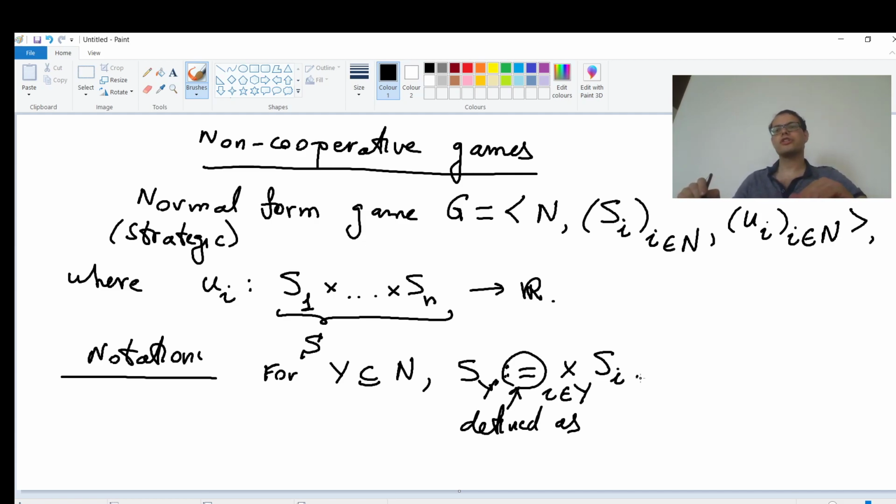Another important notation is going to be the product of all the strategies beside the given player. Because we are often going to look at what a given player sees from the outside world, and he sees all the strategies besides his strategy.